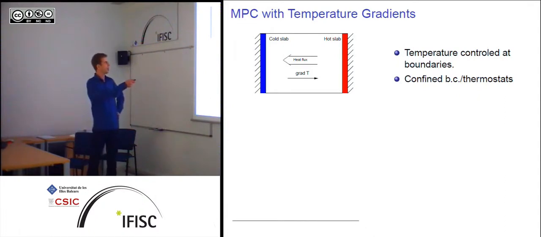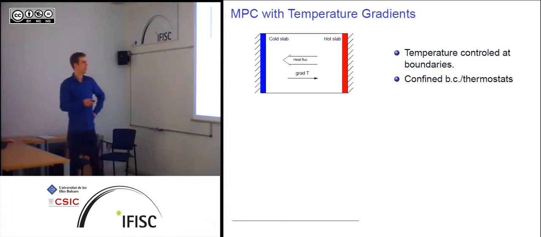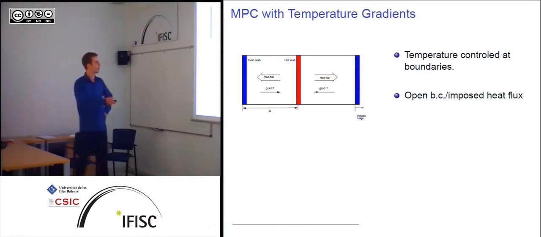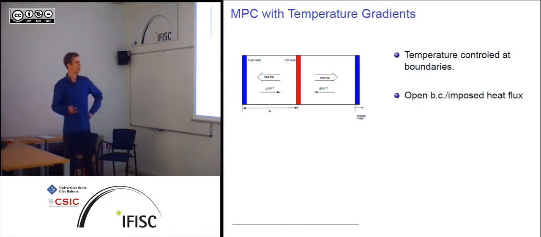And we have done this in combination with walls. But these walls, they have an effect on the hydrodynamic interactions in your system. So that was the reason for us to try a different method.